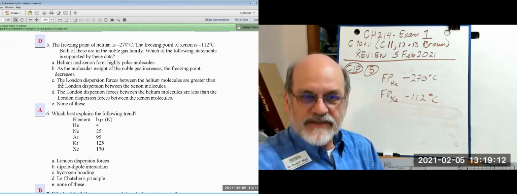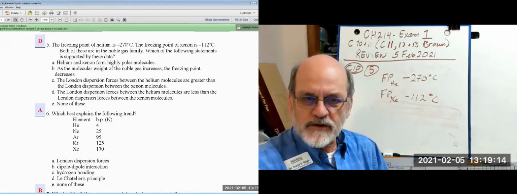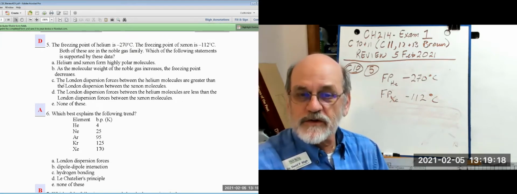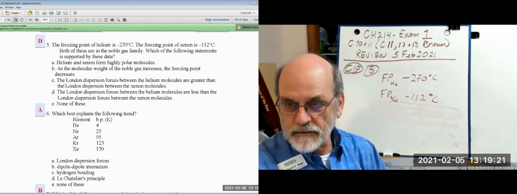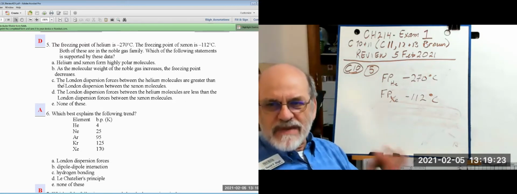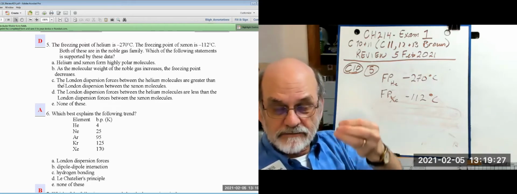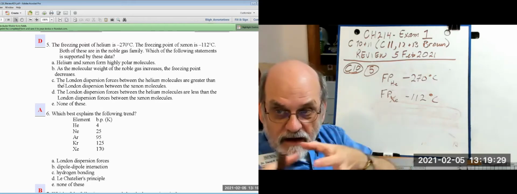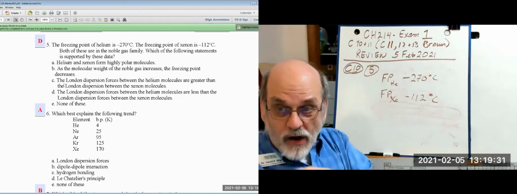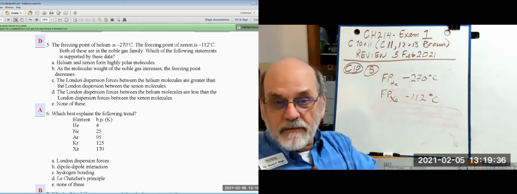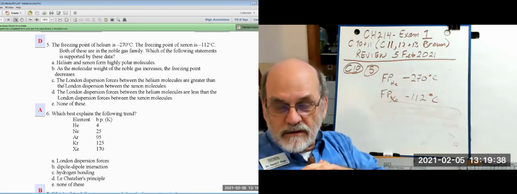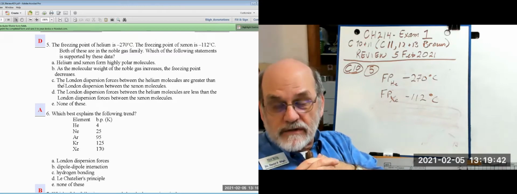C, London dispersion forces between the helium molecules are greater than the London dispersion forces between the xenon molecules. All right. What does that mean? If the intermolecular forces are increasing, that means the atoms are being held more tightly together, which means that the freezing point should increase.